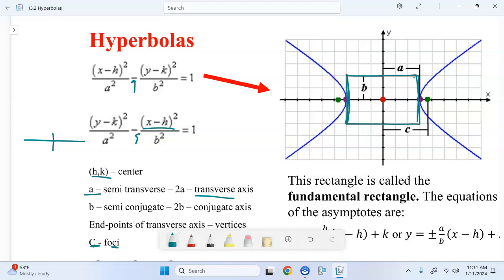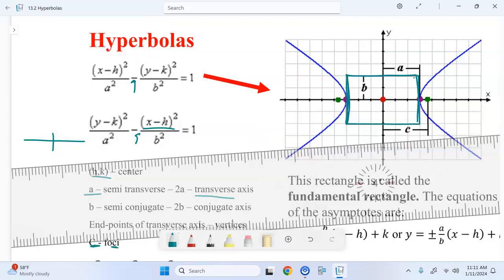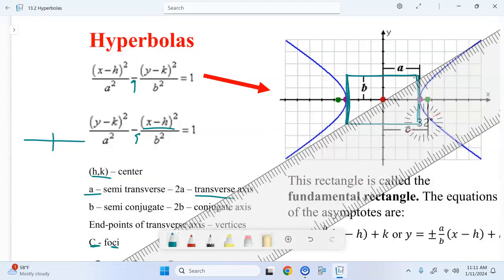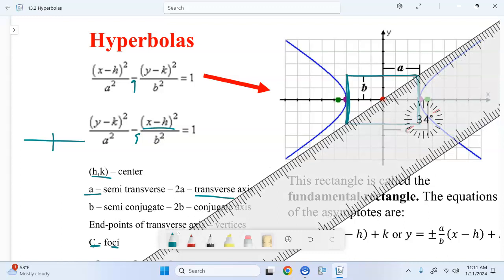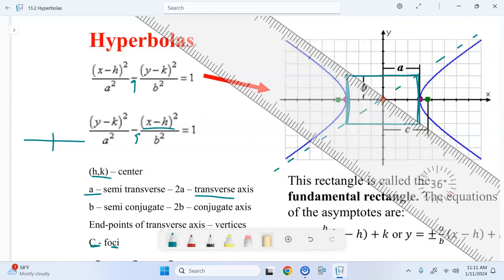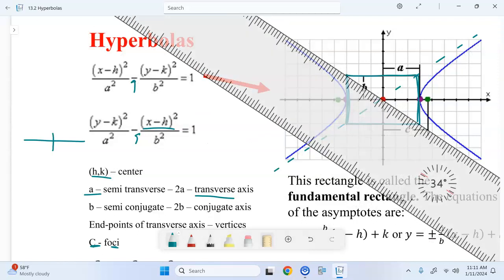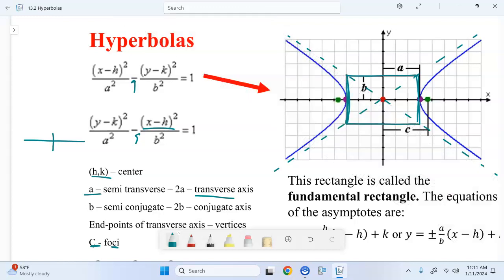And so if we look at this fundamental rectangle and we draw lines that go directly through the center and the corners, we get these asymptotes that tell us kind of where our graph is going to open and how wide it's going to be. And it gives us those bounds.